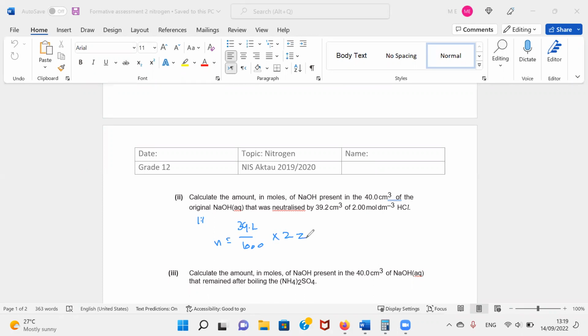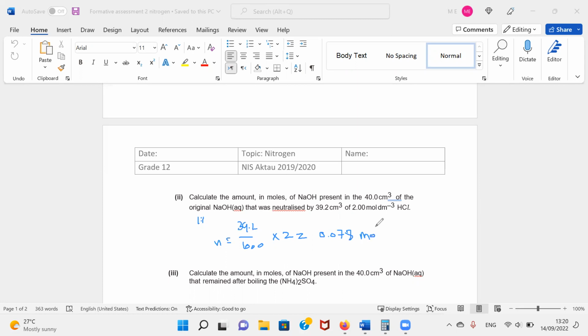And the answer I've got here is 0.078. Fine. So I will keep these values because it seems that we have to delete this every time. Okay, so that was the first value.